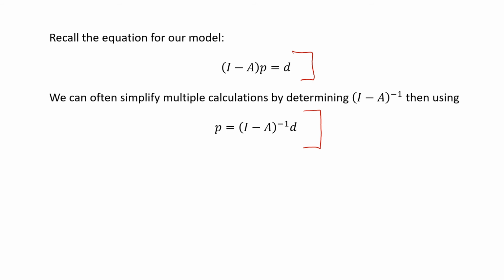And it's much easier to multiply a matrix and a vector than it is to solve a system of linear equations. So here's a key idea that we're going to see here and in other places. If you need to solve systems of linear equations over and over again where your coefficients are the same, it's usually easier to calculate the inverse and then just do a simple multiplication to get your answer.